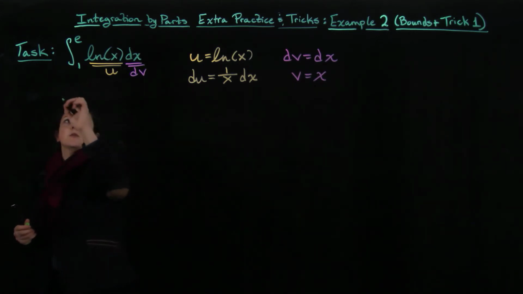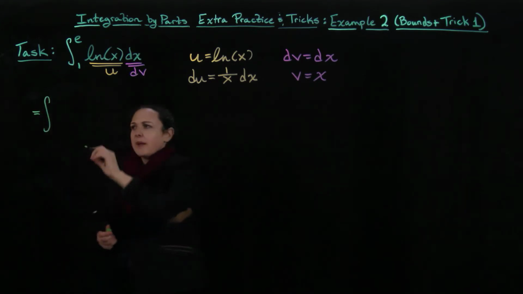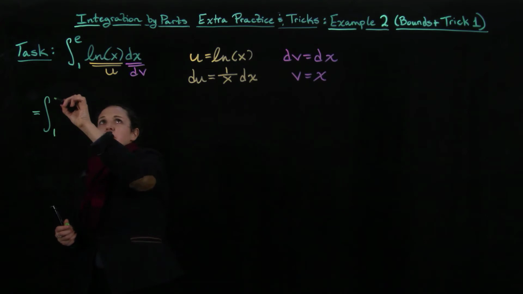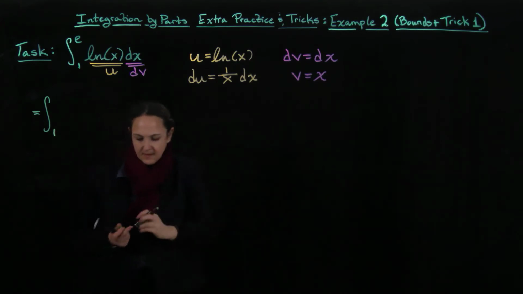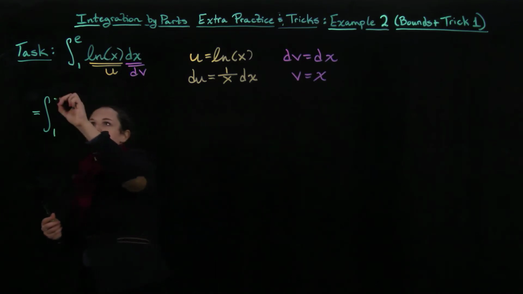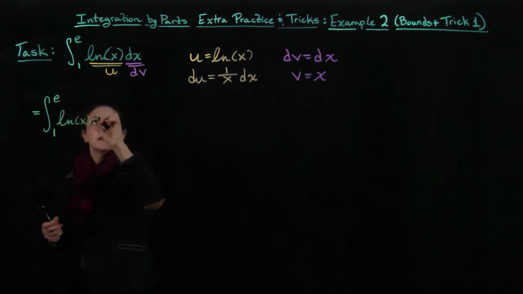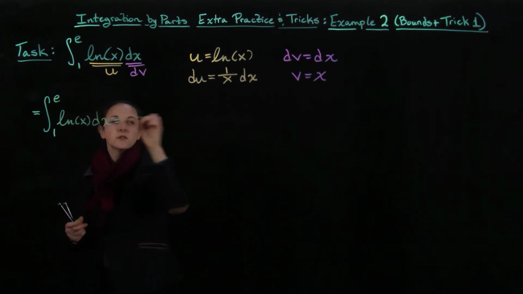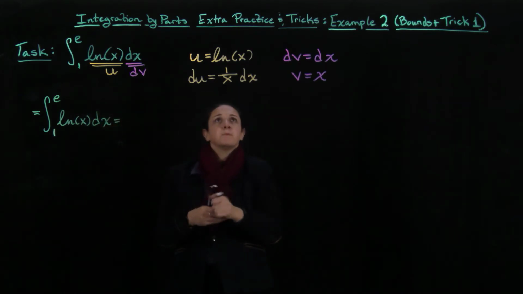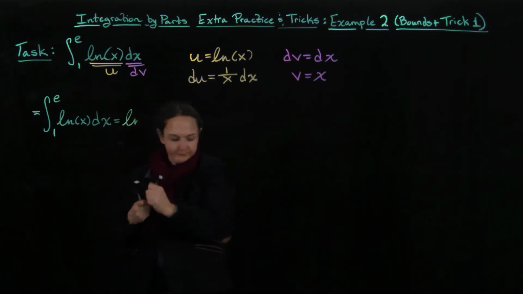So this is going to equal. Remember that we keep our bounds here, so we have the integral. Okay, I'll write it this way. I'm just going to repeat this again. So this here is going to equal, so we need uv.